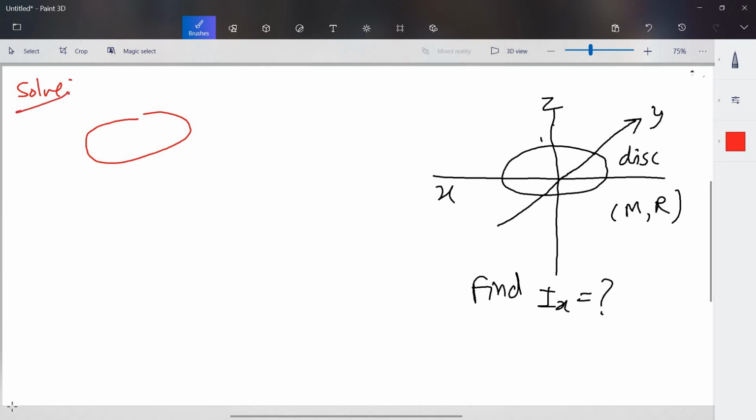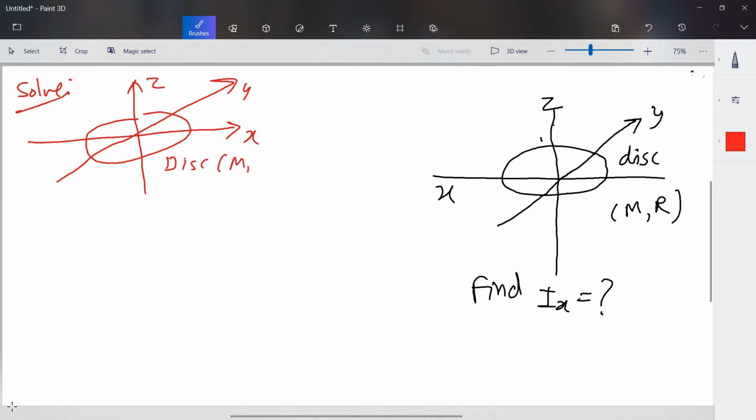It's a very easy question, don't worry about that. This is the z-axis, this is x, this is y, and this is the disk which we have, having mass m and radius r.